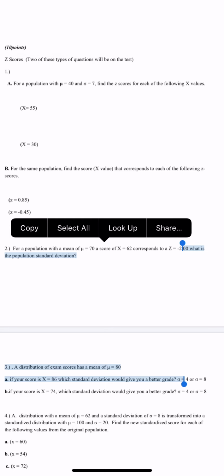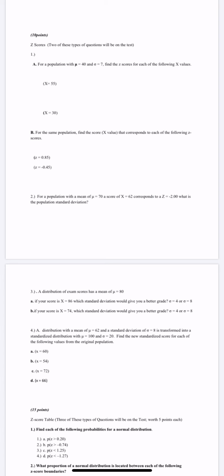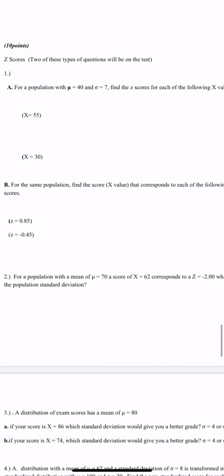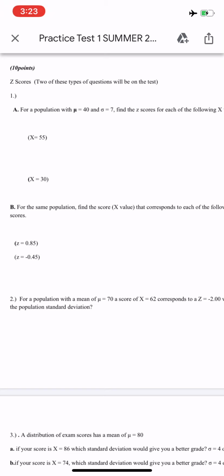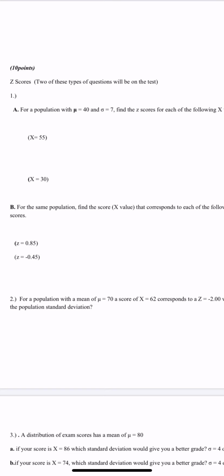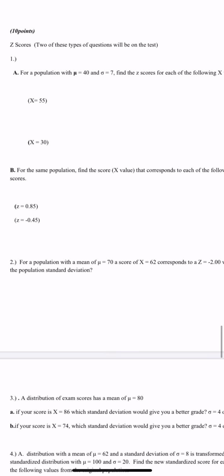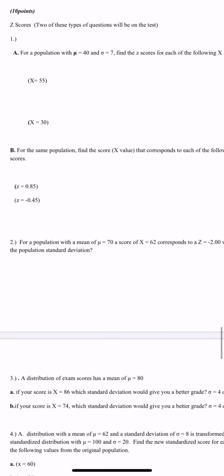Well, all you're going to do is enter the data into the Z-score formula, which is X minus mu divided by standard deviation. So you do 55 minus 40 divided by 7, which gives you a Z-score of 2.14 for X of 55. For X of 30, you do 30 minus 40 divided by 7 equals negative 1.43.